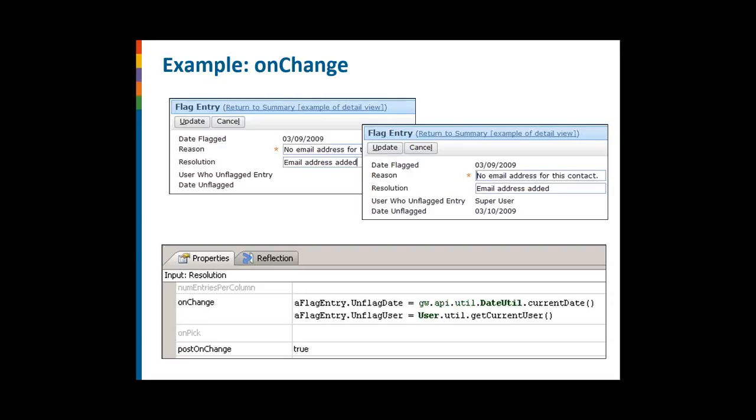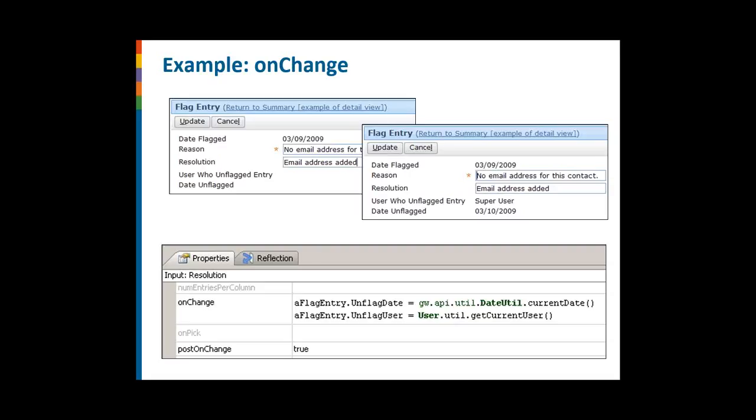So what should happen? Here we are directly setting the field values: flag entry dot unflagged date equal to current date, the utility method, and flag entry dot unflagged user equal to user dot get current user. So the below property values we are setting in the on change property of the resolution.